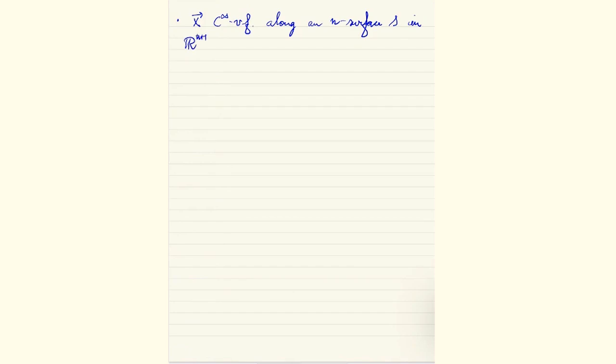and you take a smooth curve on the surface. So this is a curve in the surface. Now maybe I should give it a different name. So maybe x tilde.